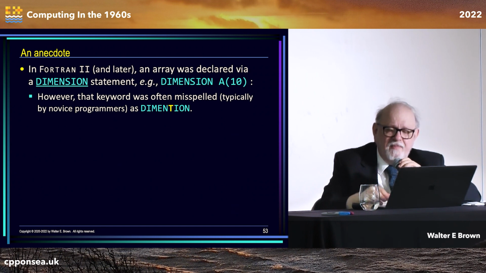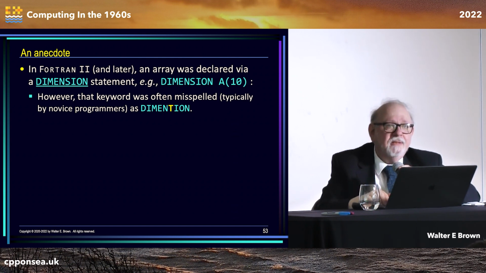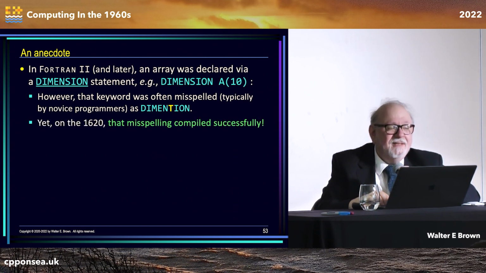But it was very common to find people misspelling the word dimension with a T in place of an S. I don't know why that was the case, but it was very, very common, especially among novice programmers, and I dealt with a lot of those. But even experienced programmers would just say dimension, T-I-O-N. But when you compile that, it compiled successfully.